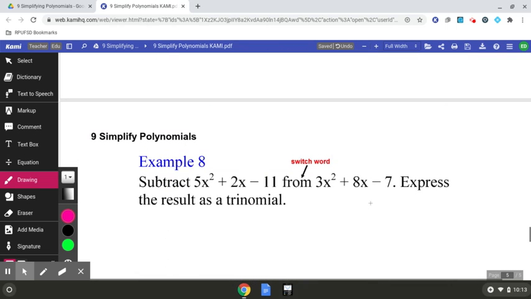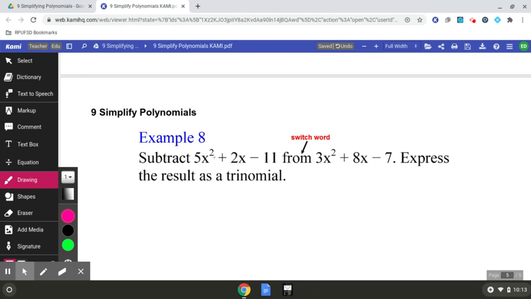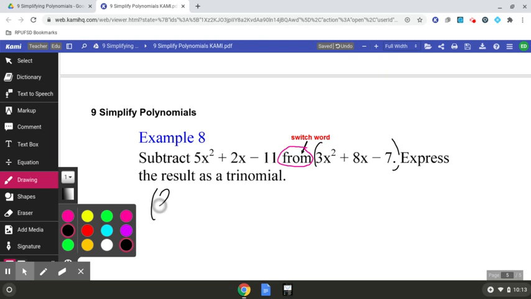Okay, number 8 says subtract 5x squared plus 9x minus 11 from, which is a switch word, 3x squared plus 8x minus 7 and express as a trinomial. So this is still simplifying a polynomial, because we have to know to take this polynomial here and put it first.